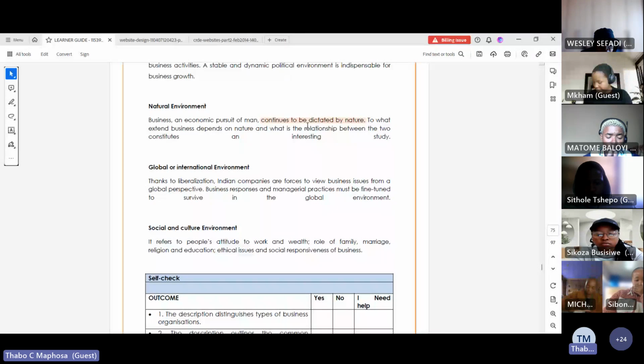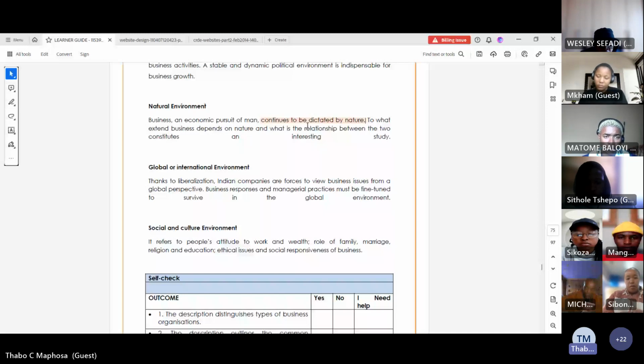I can disturb your business at any time. I can do whatever I want. Nature can do that. So those are certain aspects that need to be looked at when it comes to running businesses. There is also that natural environment that takes place. But there is a lot more, especially when it comes to the natural environment. You can always do case studies and things like that and check.